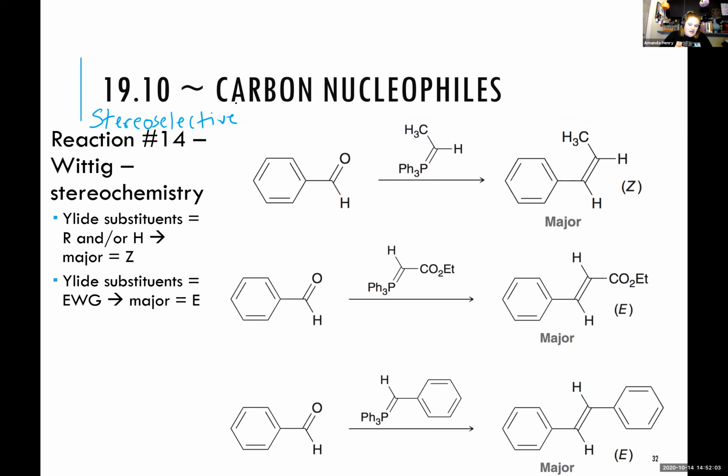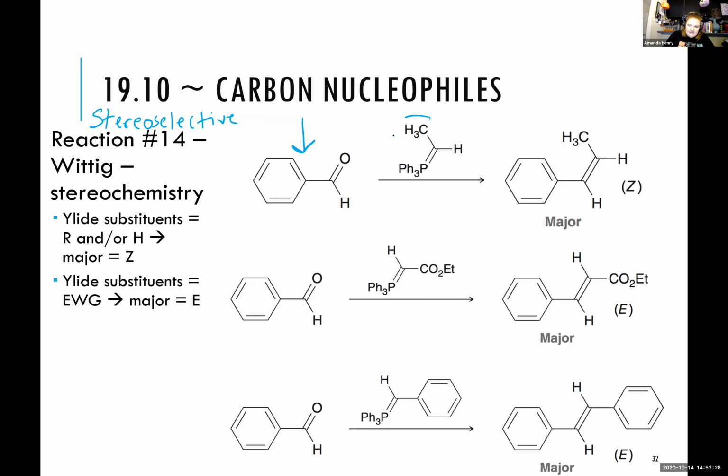In the example here, we're using all the same aldehyde. We're using benzaldehyde for all of these, so really just to have a hydrogen and a larger R group attached so we can easily see sterics. We can see whether it's E/Z, cis-trans, just kind of makes it a little bit easier.